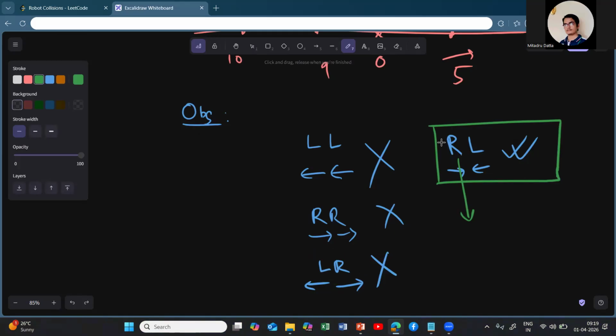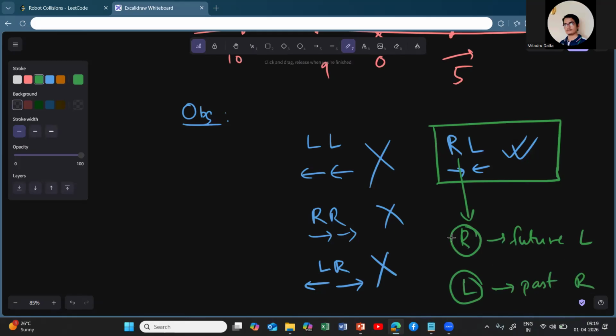So R and L should be there in order. So left should come after the right. So if you get a right, it means that it can collide with some future robots which is moving towards the left. If you get a left, it means that it can collide with some past robots which have been moving towards the right.